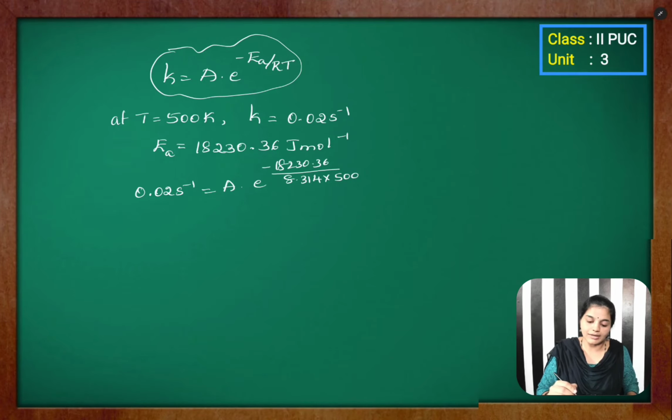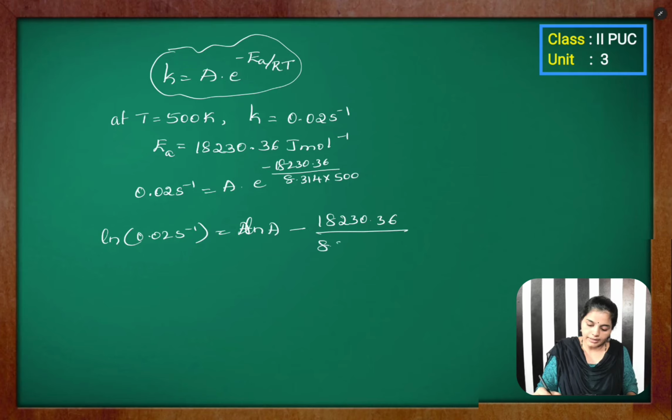Now let us take natural log on both sides so as to make this simple. So ln 0.02 per second is equal to ln A minus 18,230.36 divided by 8.314 into 500.